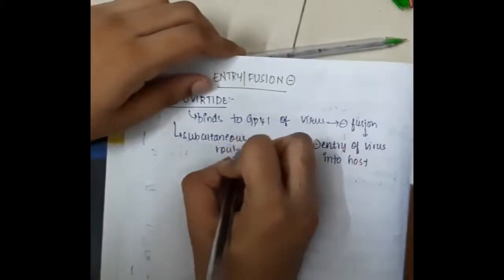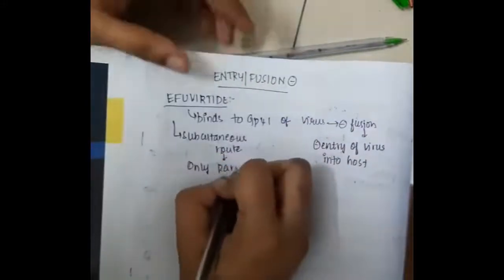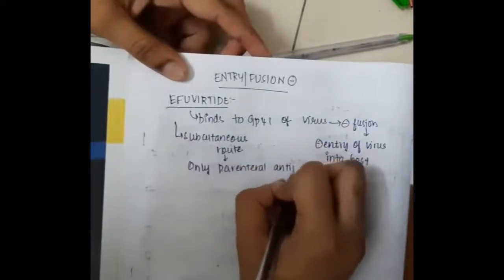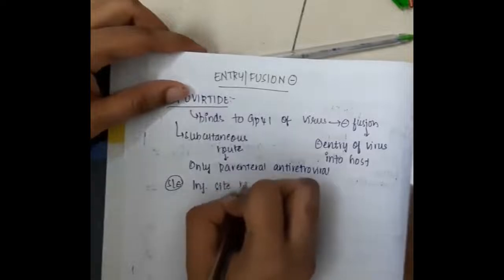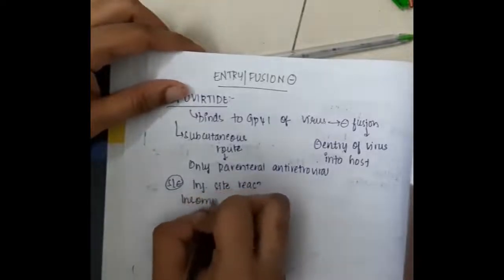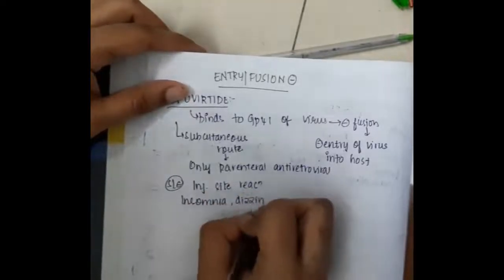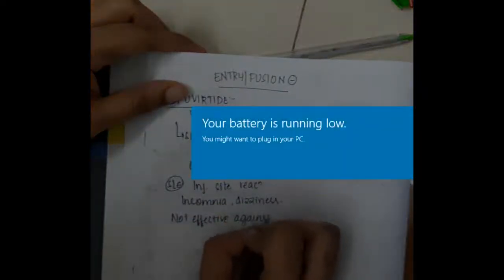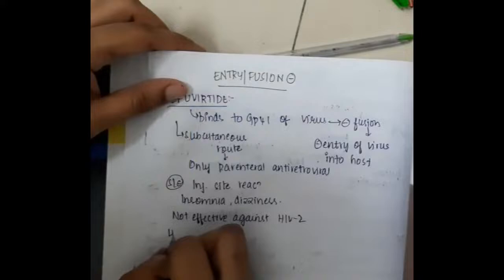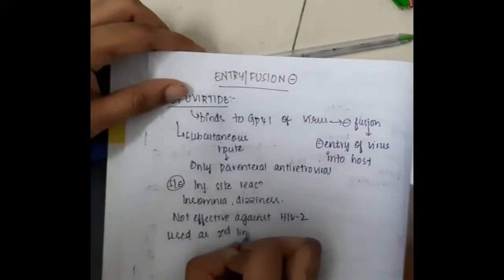Enfuvirtide is given by the subcutaneous route and it is the only parenteral antiretroviral. Its side effects are injection site reaction, insomnia, dizziness. It is not effective against HIV-2, and it is used as a second line.